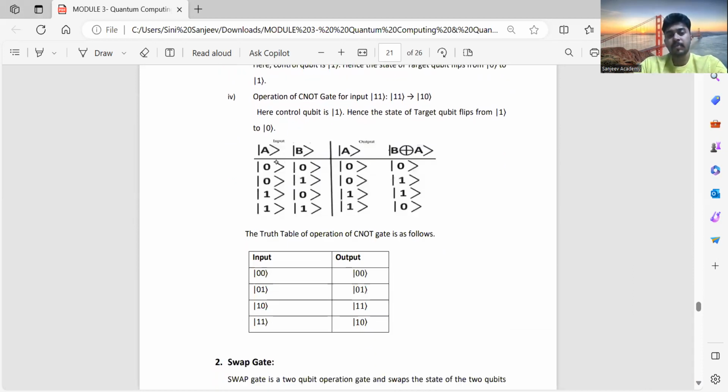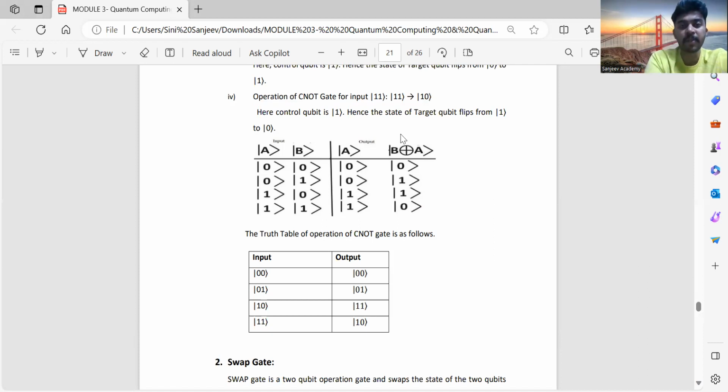Coming to this, with input AB and output A, correct? B exclusive-OR A. If it is 0 0, I'll always get 0. If it is 1 comma 1, I'll always get 0. Correct? In the sense here, this is CNOT. 1 1 should be 1, right? But I'll be getting 0.